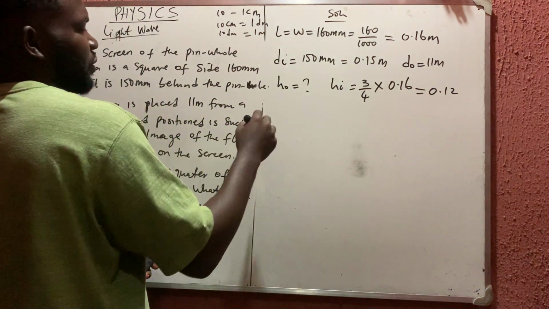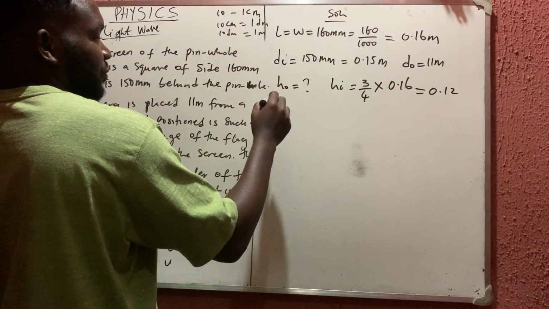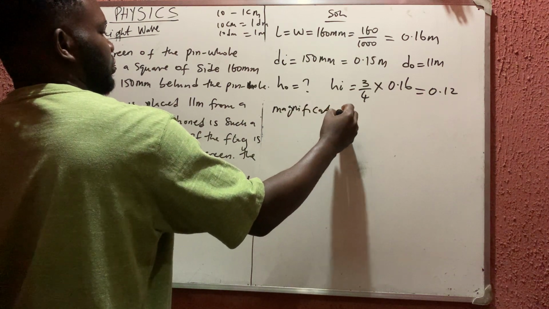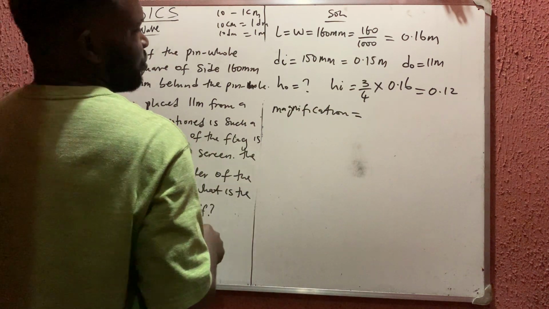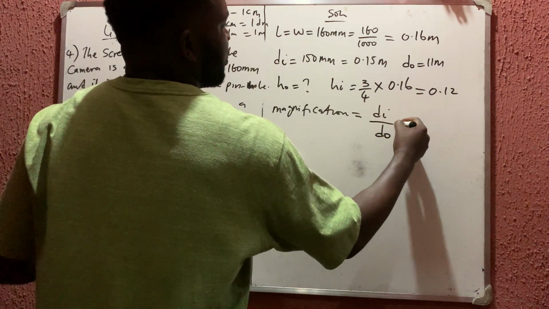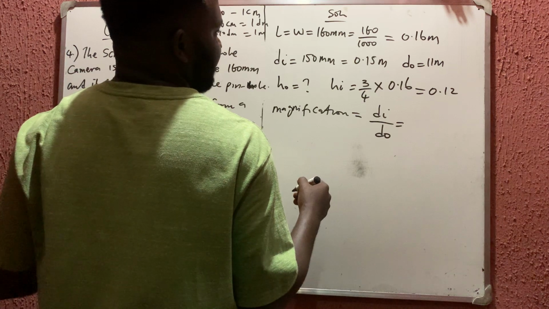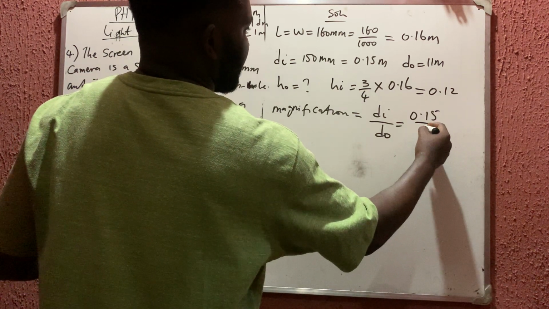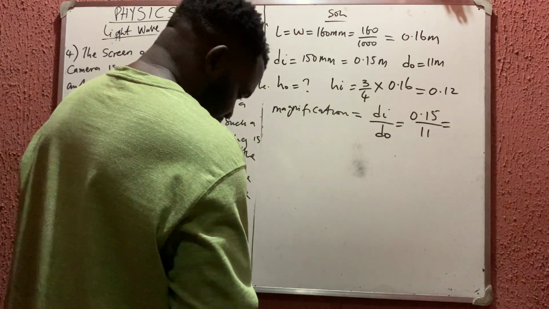So you can calculate the magnification. The magnification is equal to Di over Do, which is 0.15 divided by 11.